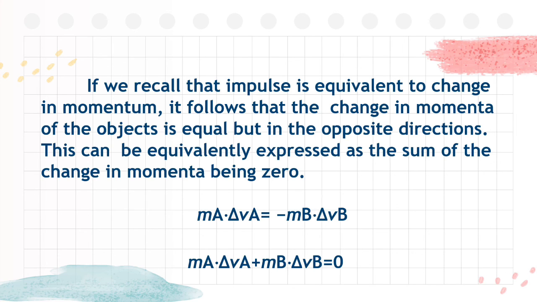So the first equation is: mass of A times change in velocity of A equals negative mass of B times change in velocity of B. The second equation is: mass of A times change in velocity of A plus mass of B times change in velocity of B equals 0.